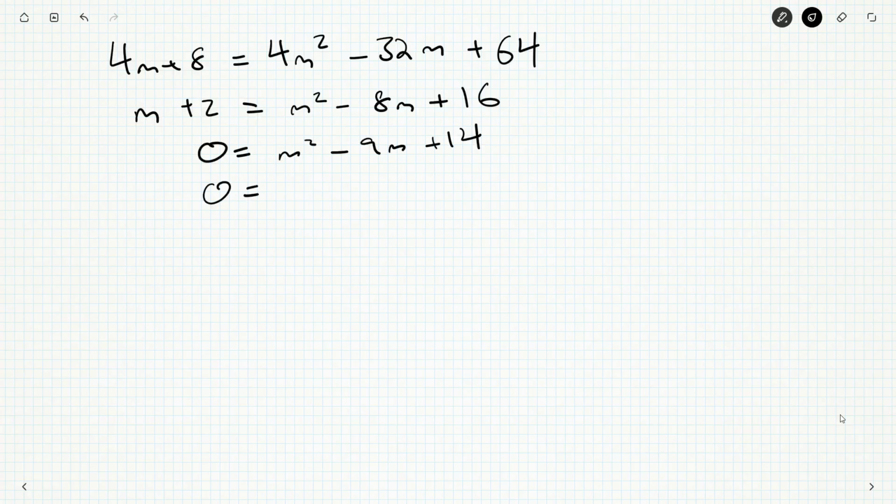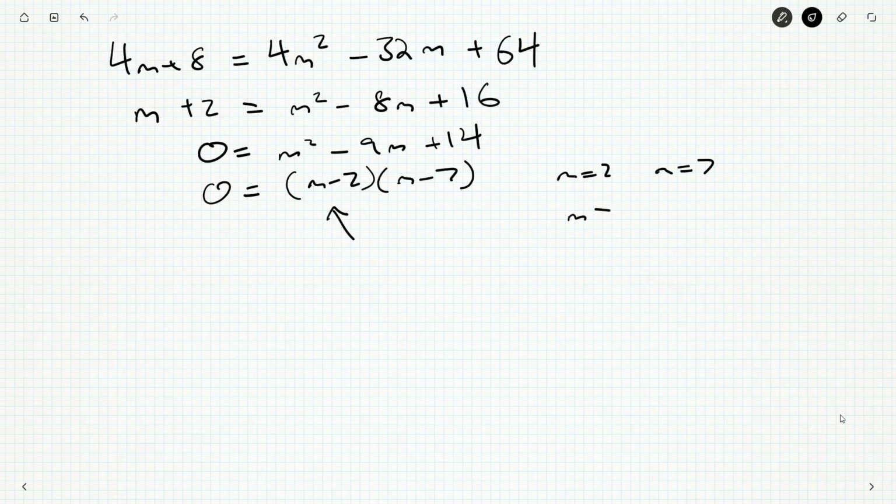And so m can be, so we'll have m minus 2 and m minus 7. But an m being equal to 2 is too small. So m could be 2, m could be 7. But remember, we said m is greater than 4. So m is equal to 7. Right?